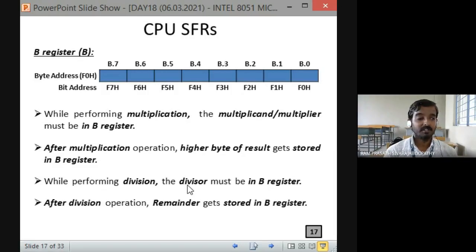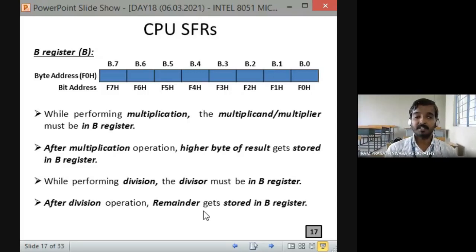Remainder, very good. So after the division operation, the quotient will get stored in the accumulator register and the remainder will get stored in the B register. Fine. So this is the special function of your B register. Is it clear up to this?